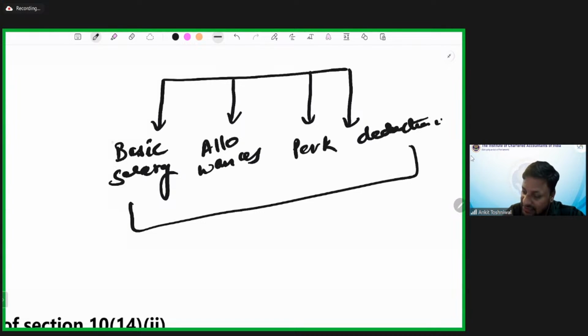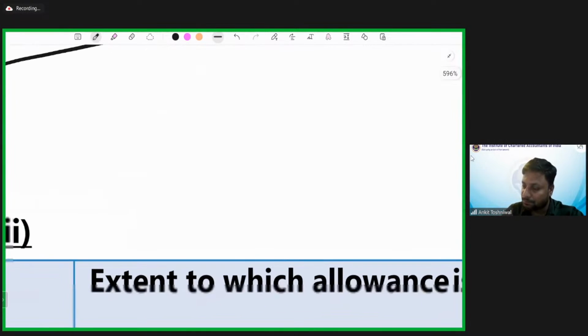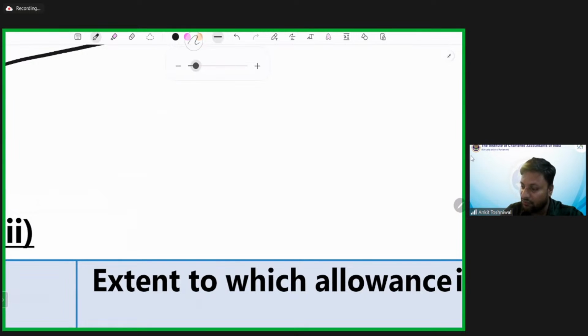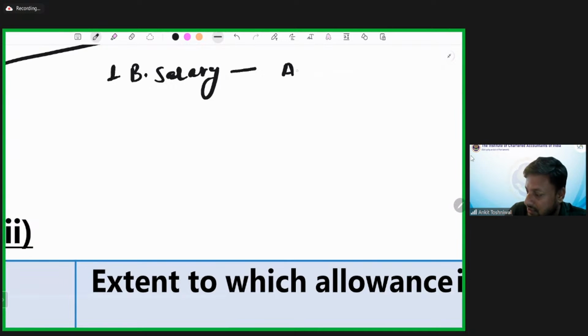Okay. Basic salary concept we have completed. And point to be noted, if it is written in any question: number 1, basic salary, always taxable.